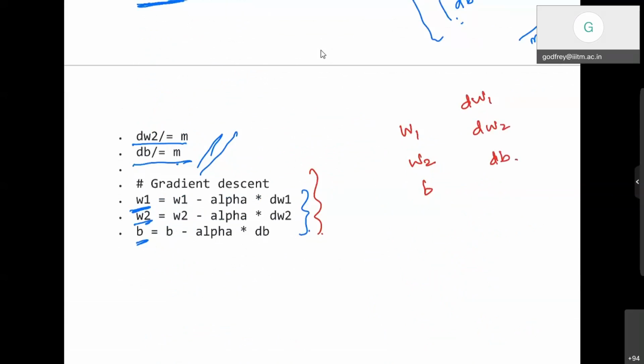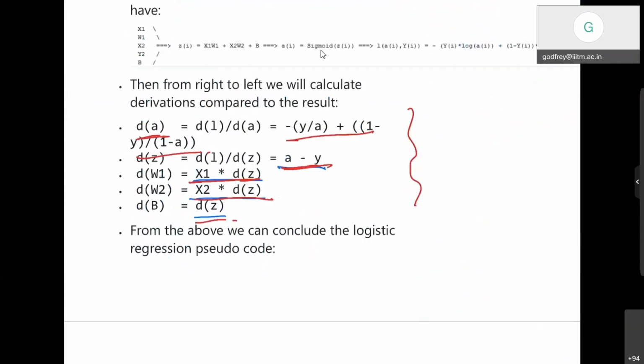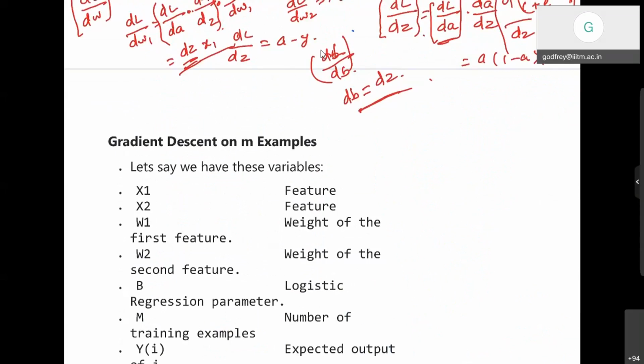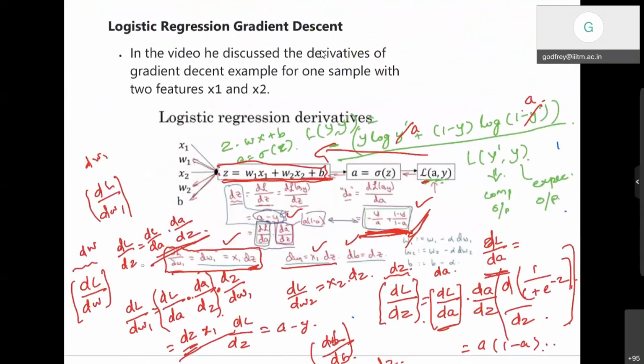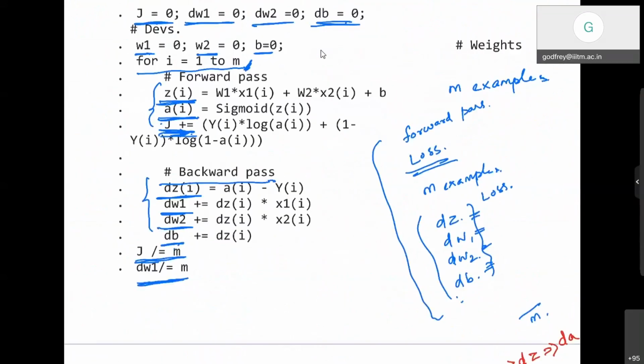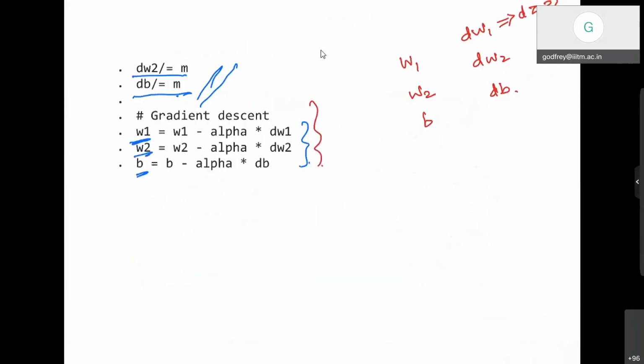And in order to find out dW1, I need to find out dz, and in order to find out dz, I need to find out dA. Right? That is how back propagation is useful. Propagating from the back is useful because that effectively leads to the computation of all these different derivatives, right?